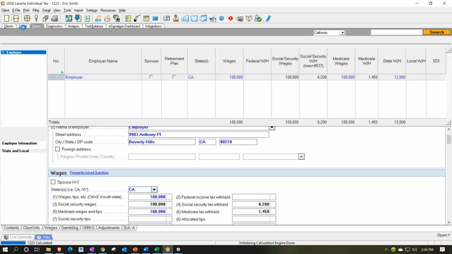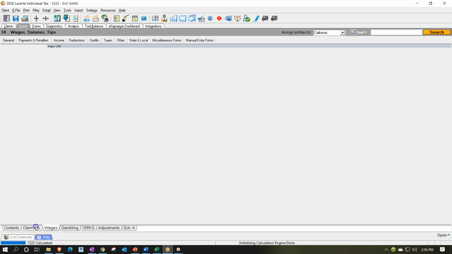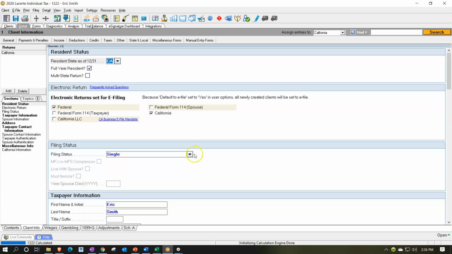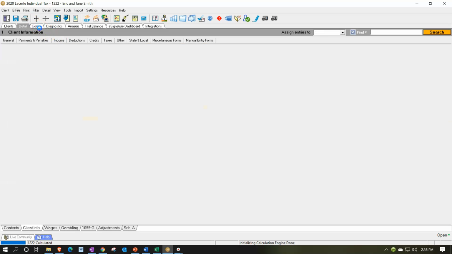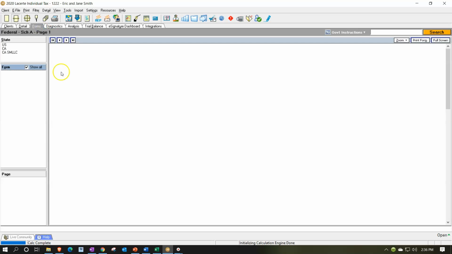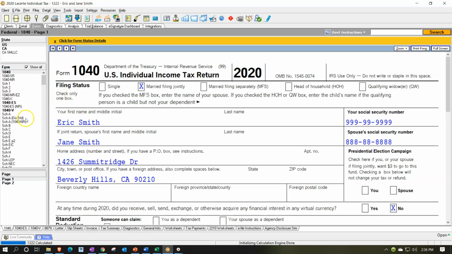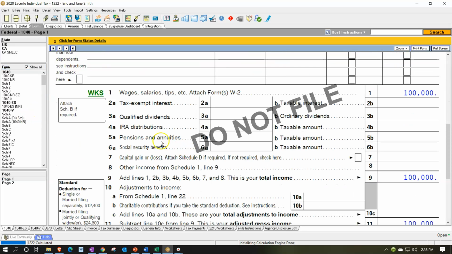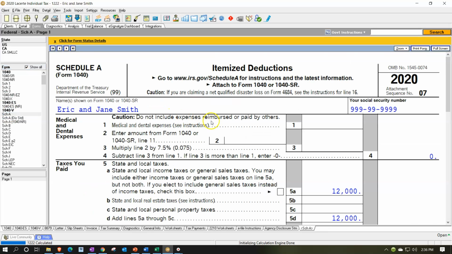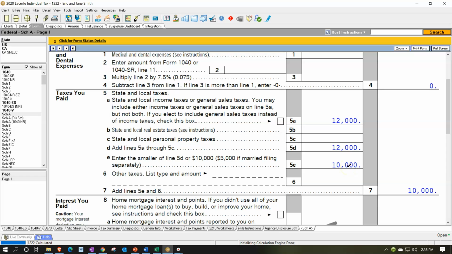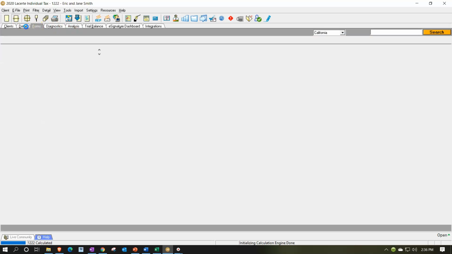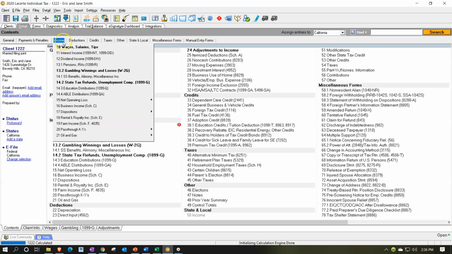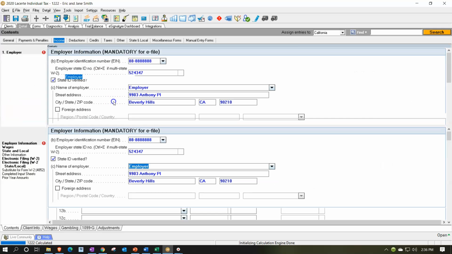Now, what if we were married here? Let's check that out. We're going to say client information, and let's say we're married filing jointly. So now they got married, and we're going to go back over just to check the cap here. No, we're still not itemizing, but let's check out that cap. If I go to the Schedule A, we still have the cap of the 10,000, even if we had the spouse earning wages as well.